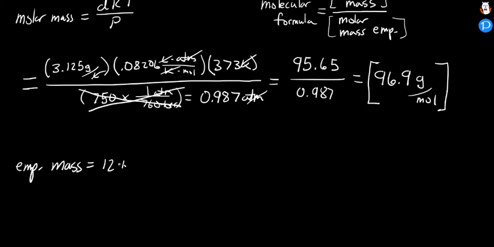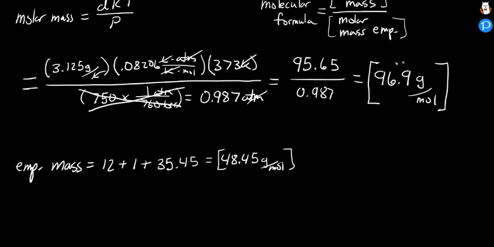We'll say 12 plus 1 hydrogen plus 35.45 for chlorine. So 35.45 plus 12 plus 1, we get 48.45. So this is grams per mole. That's the mass of our empirical formula.